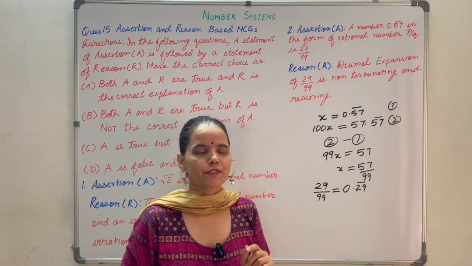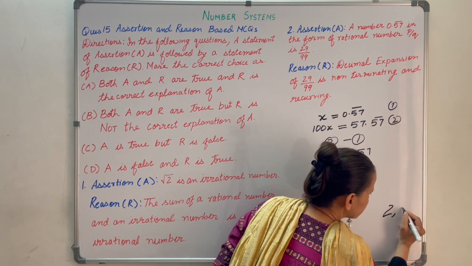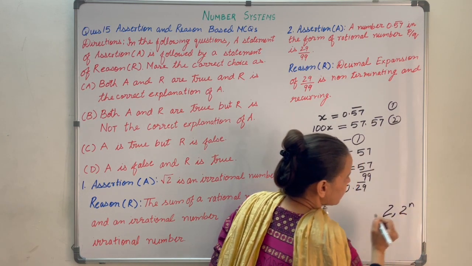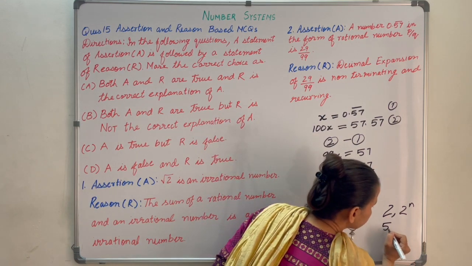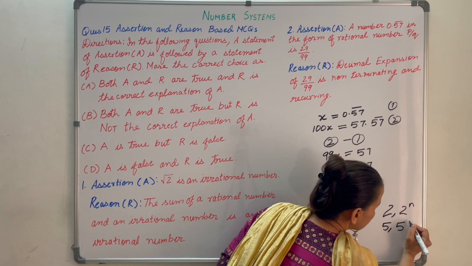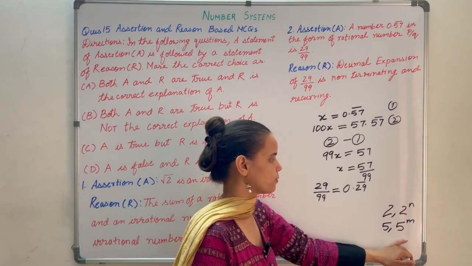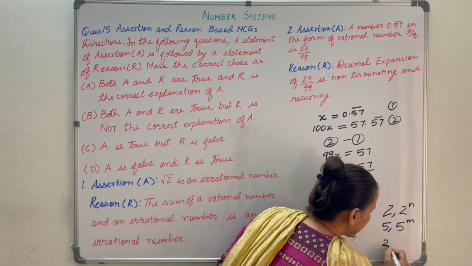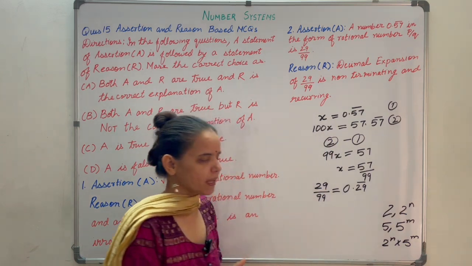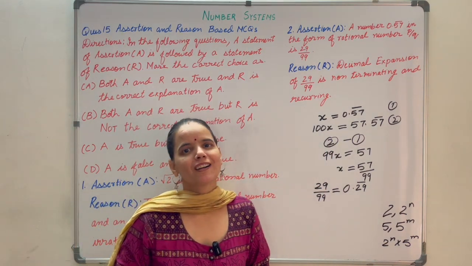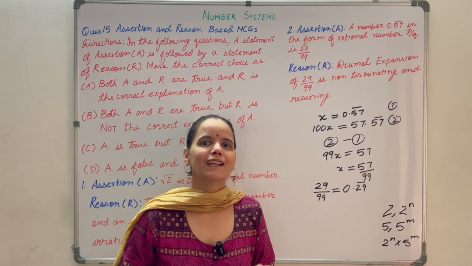If the denominator can be expressed as 2 raised to the power n, or it is 5 or any power of 5, like 5 square, 5 cube, and so on, or it is a combination of both, then the decimal expansion of that rational number will be terminating. Otherwise, it is non-terminating recurring.